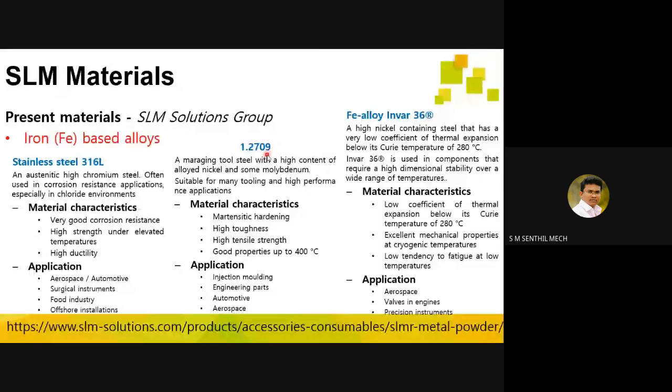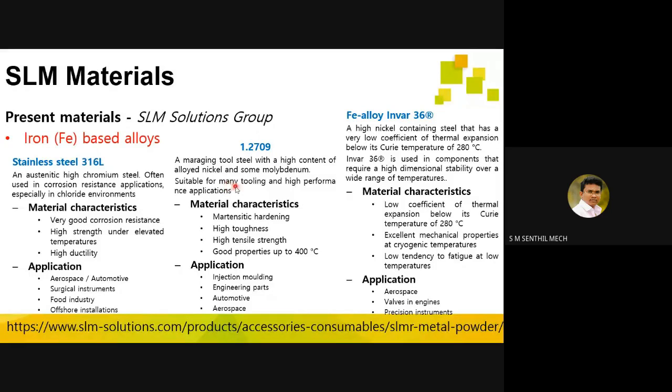This is 1.2709, the marketing name given by this company, but it is colloquially called maraging tool steel. Maraging steel has a high content of nickel and molybdenum. So this steel will have a combination of iron, nickel and molybdenum.